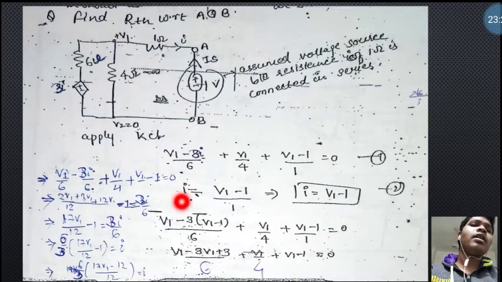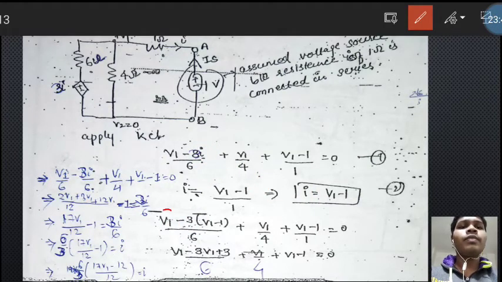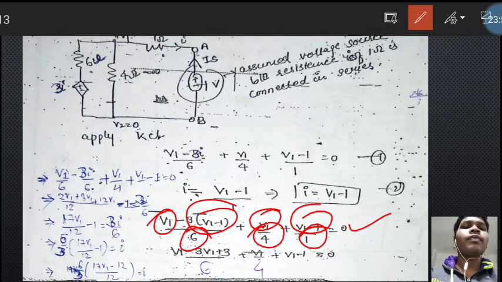Taking I on the left hand side and V on the right hand side, we can find I is equal to V1 minus 1. Now the value of I can be put here, then see, that is (V1 minus 3(V1 minus 1)) divided by 6 plus V1 divided by 4 plus (V1 minus 1) divided by 1 is equal to 0.